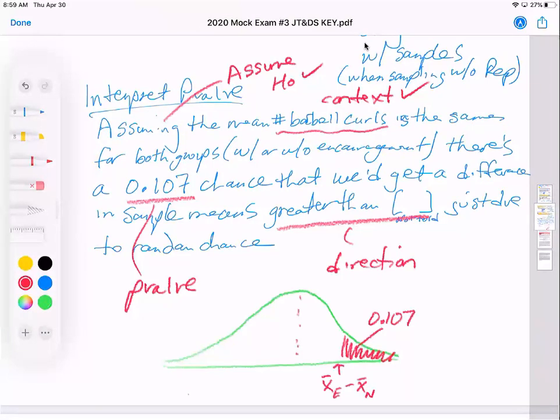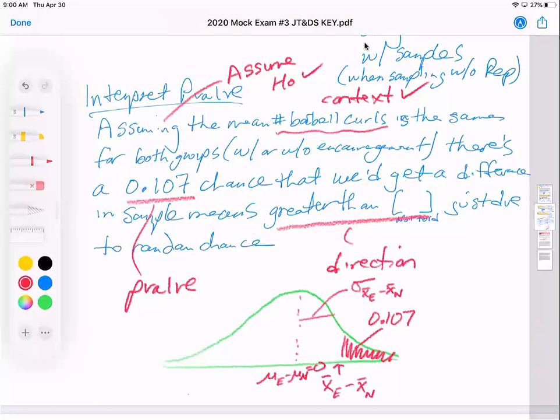And here's our null, equals 0. This would be our standard deviation, whatever that is, standard deviation of x bar e minus x bar n.